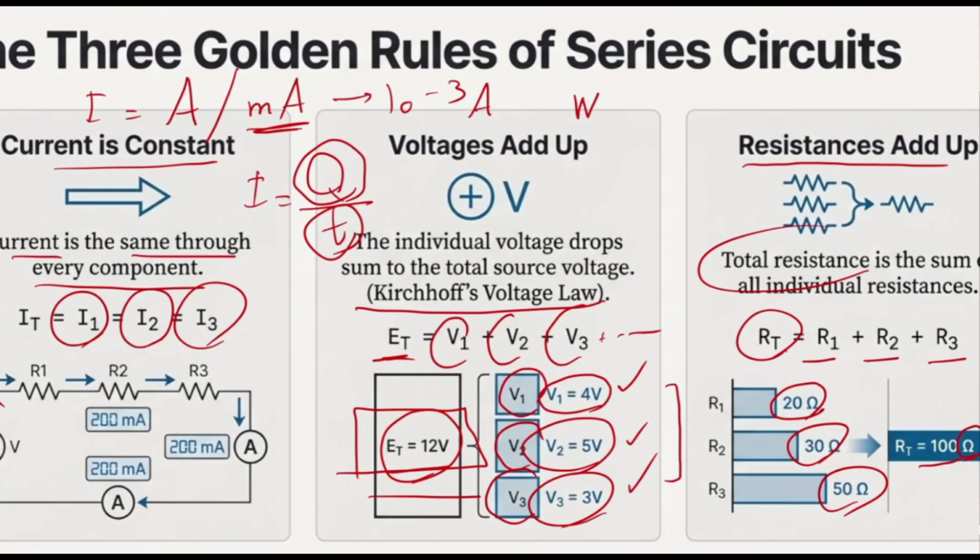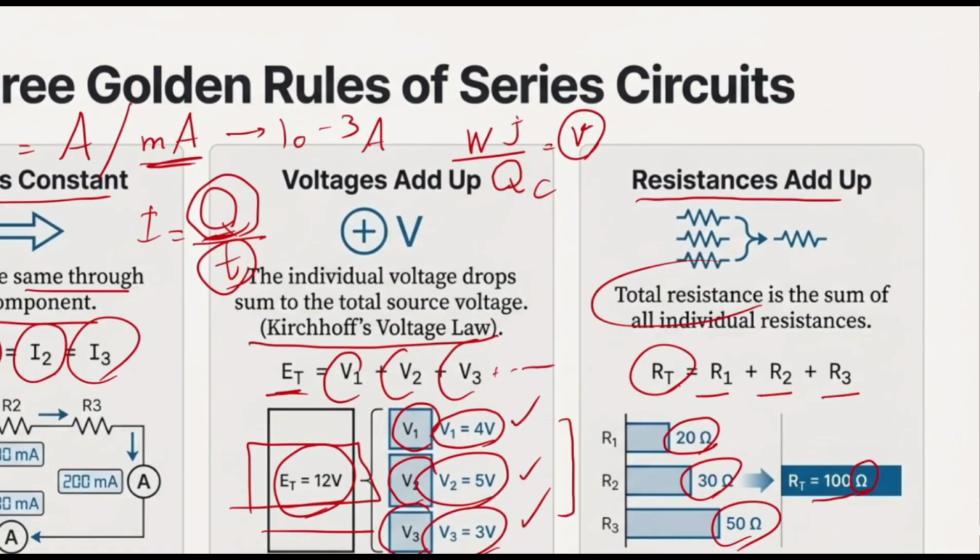We know it from physics. The amount of energy you need in order to move the Q number of charge, the Q that we had over here, is something we call V, voltage. Okay, this is the definition. The joule divided by coulomb is going to be your voltage.